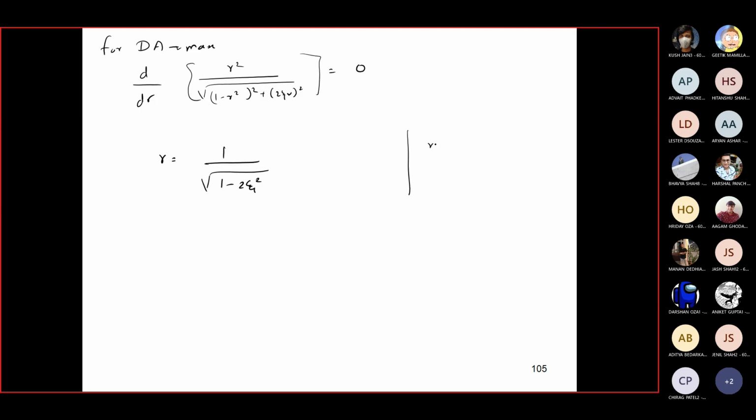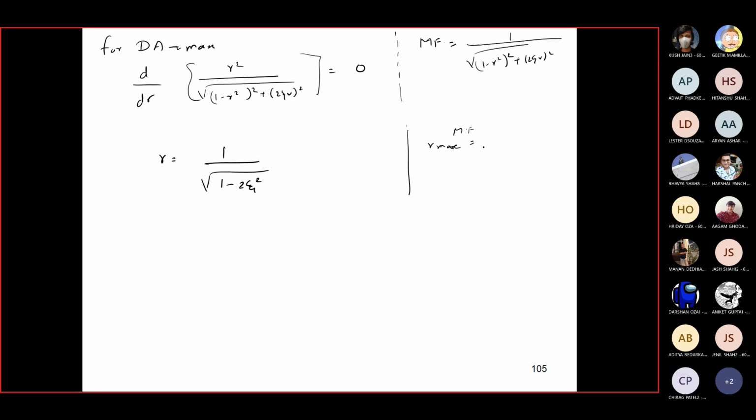What was the r max for magnification factor? What is the equation for magnification factor? One upon square root of 1 minus r square whole square plus 2 zeta r whole square, correct?